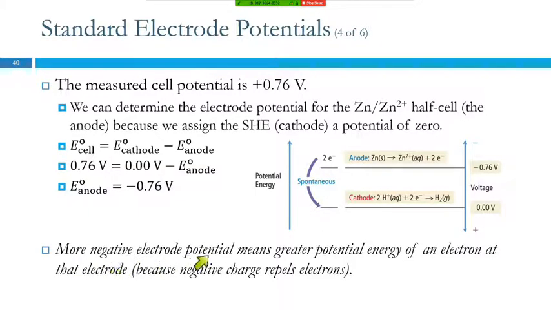The more negative electrode potential means greater potential energy of an electron at that electrode because negative charge repels electrons. So this anode has a negative 0.76 potential that repels electrons towards the 0 cell potential of the standard hydrogen electrode.